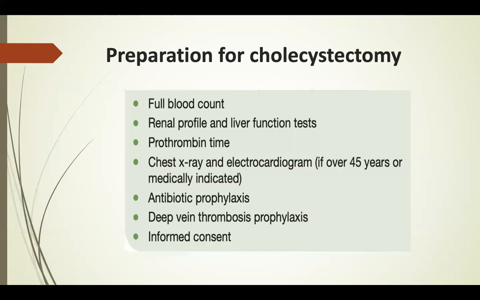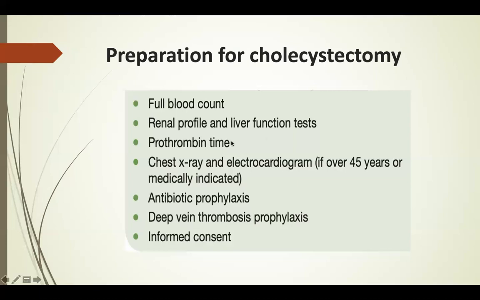Renal function is very important for the patient to undergo anesthesia, because the patient does not recover well from compromised renal function, so you are creating much more problem than benefit. Prothrombin time is for patients with a history of coagulopathies or uncontrolled bleeding.